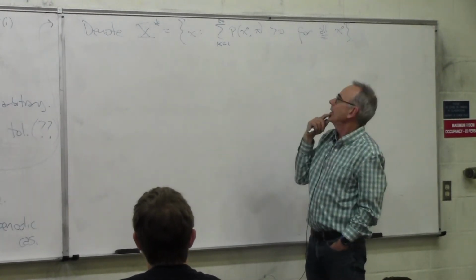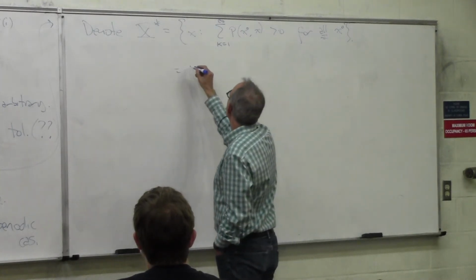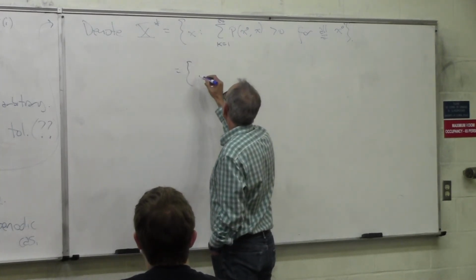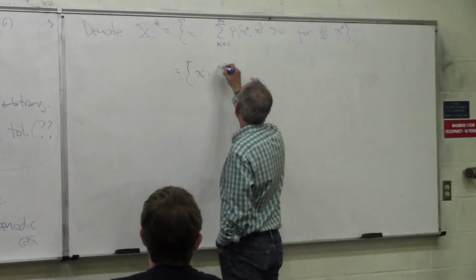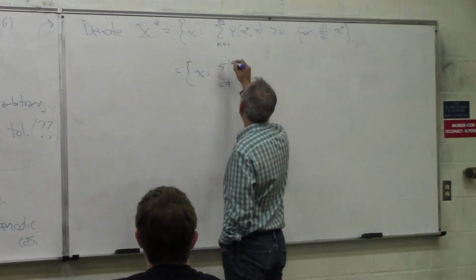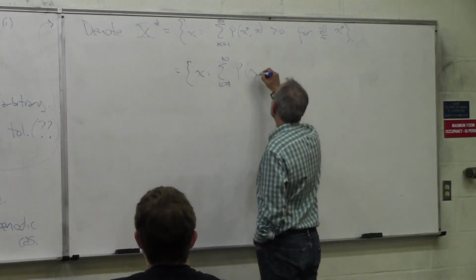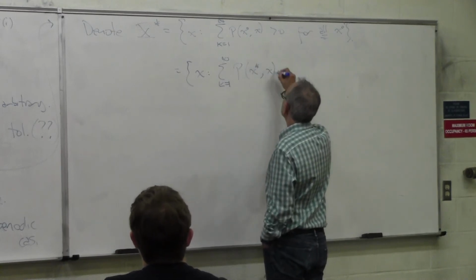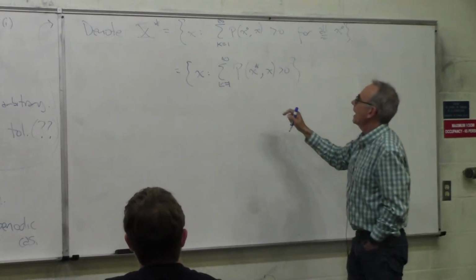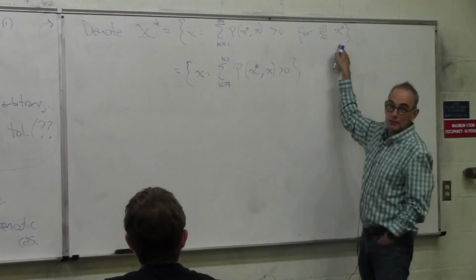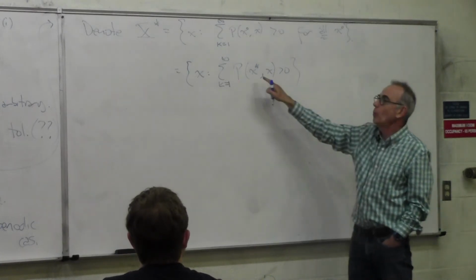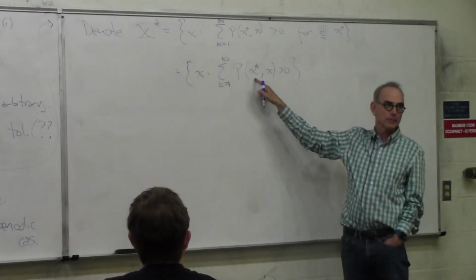That's actually equal to the set of all x such that the sum over k equals 1 to infinity... I don't have to say for all x naught. I can just pick one x star which is reachable.